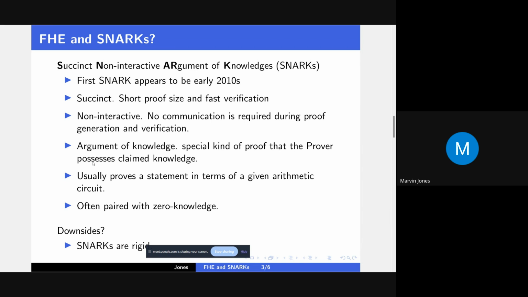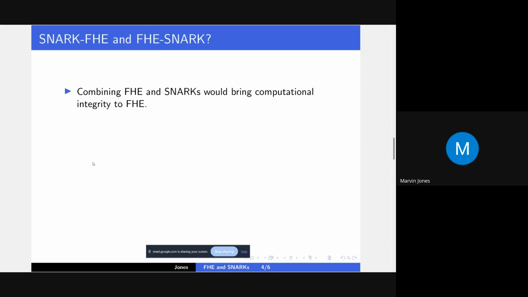So because you have fully homomorphic encryption and SNARKs running around as buzzwords, and just research questions in general, the natural idea is let's shove them together and see what happens, because SNARKs, while rigid, should provide that computational integrity that we were saying was lacking from fully homomorphic.